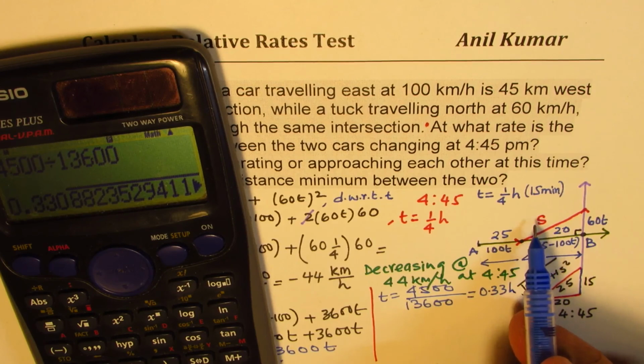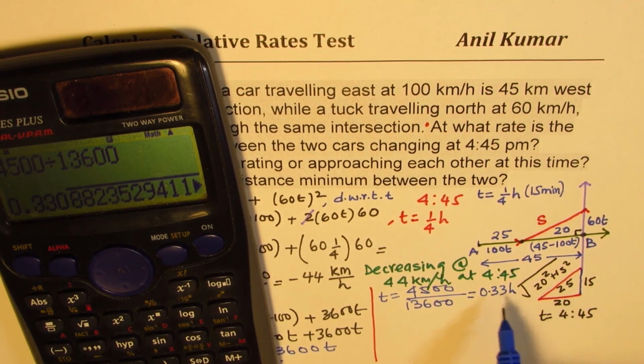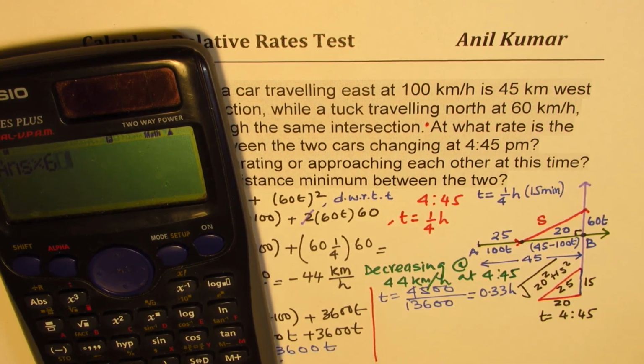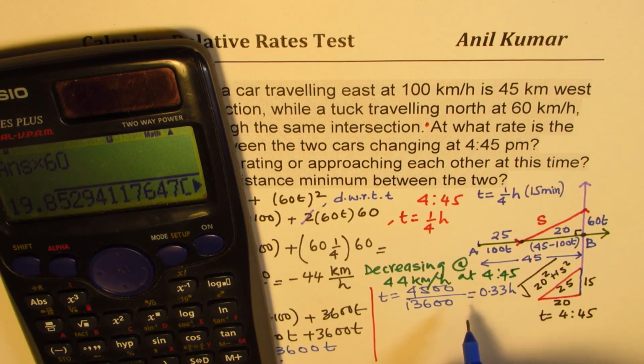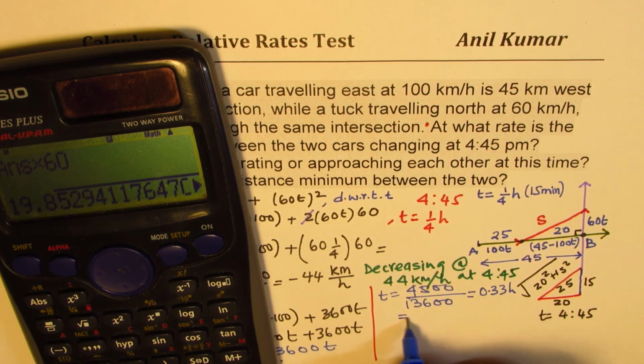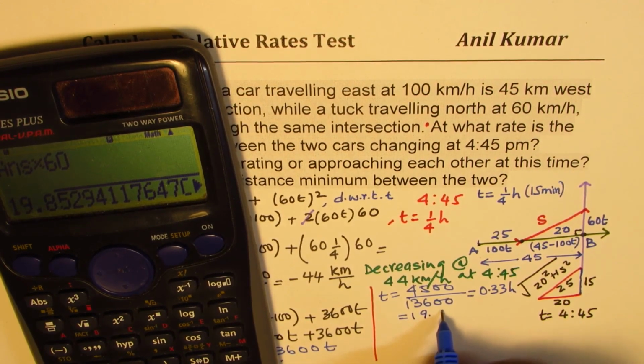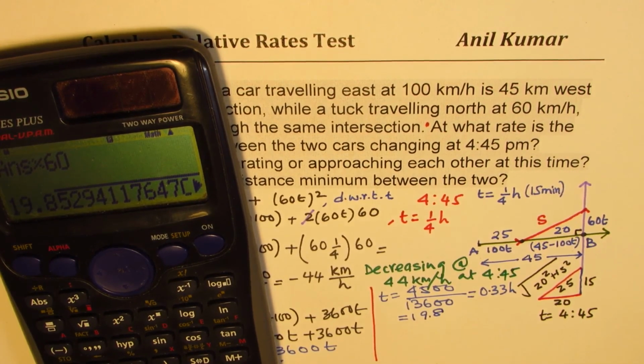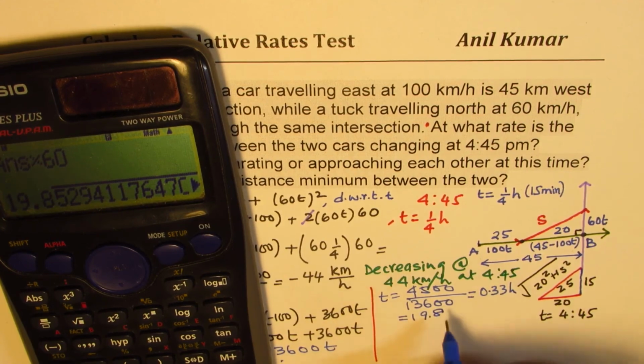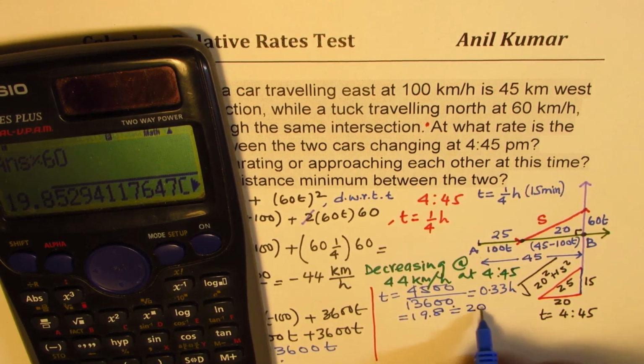That was 0.25 before, so after some time it is going to be at the minimum distance. In minutes, you multiply this by 60, which is around 20 minutes, 19.8 minutes, approximately 20 minutes.